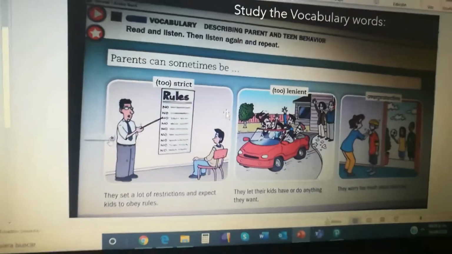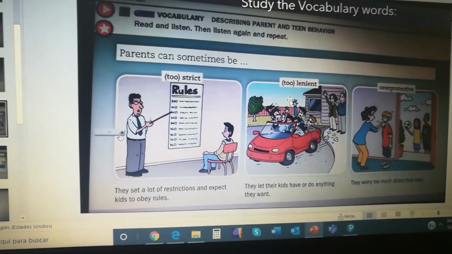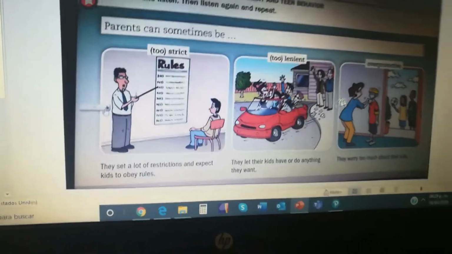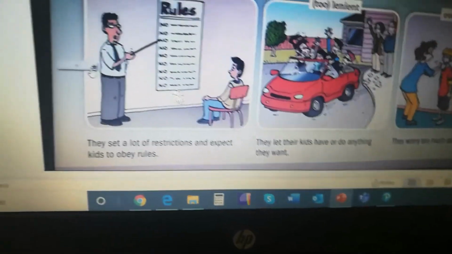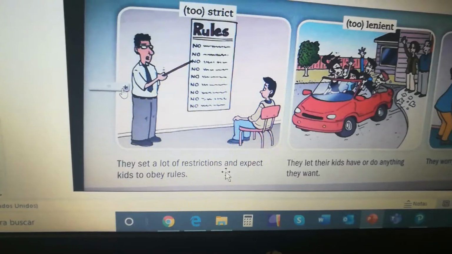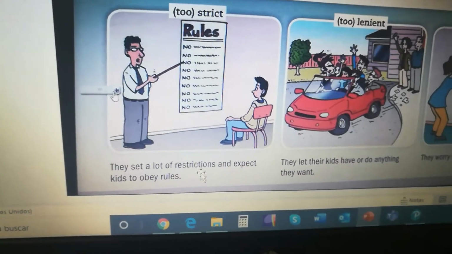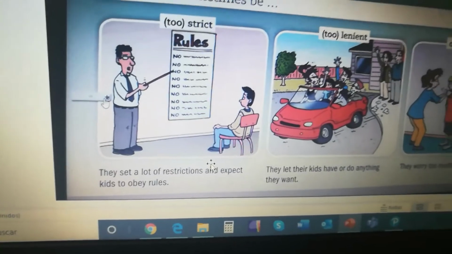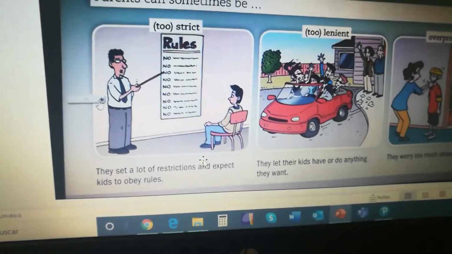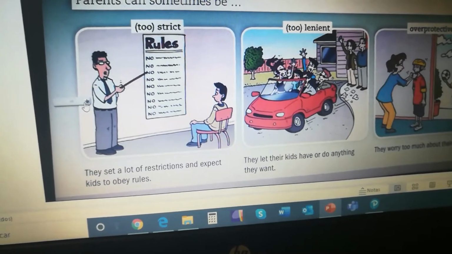And you have words, okay? Strict, lenient, overprotective, and you have an example, the use of the word in a sentence: they set a lot of restrictions and expect kids to obey rules. What is the word? Rules. And this is the continued study in the presentation.